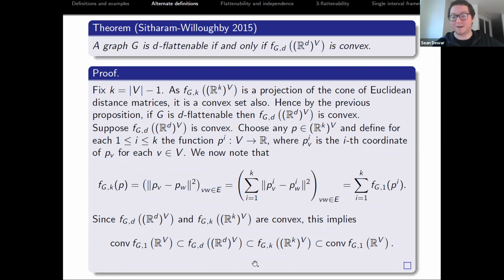This, in the same way, lies inside the set of edge lengths of the k-dimensional realizations. And just from what we proved here, this set lies inside the convex hull of the one-dimensional realizations.